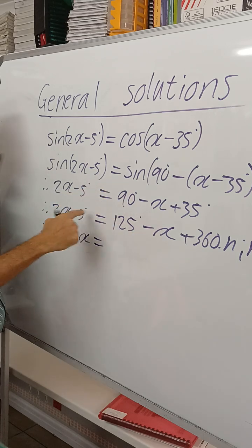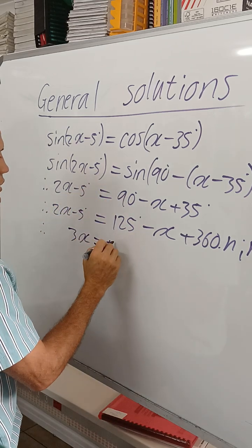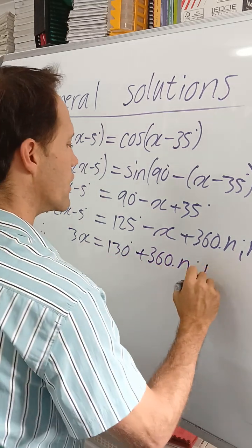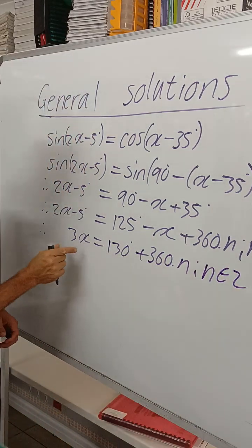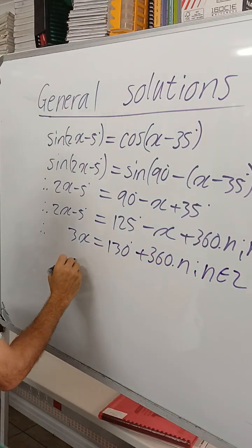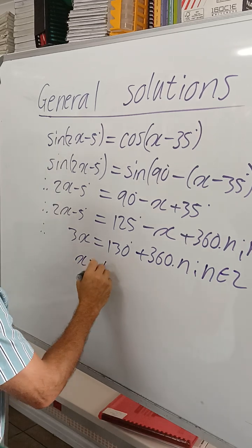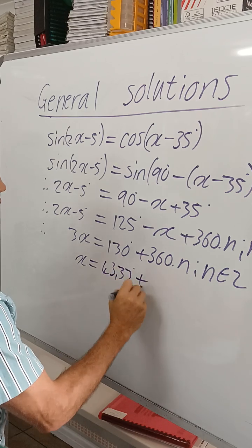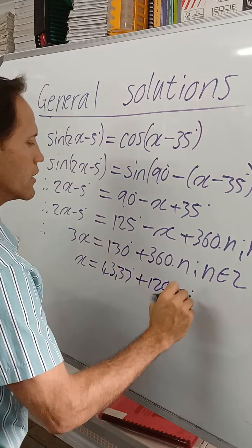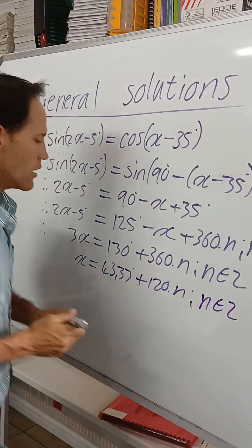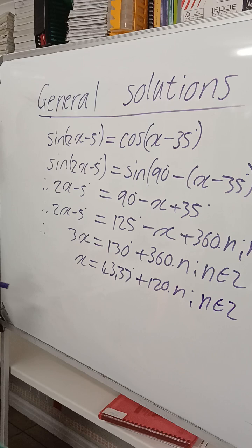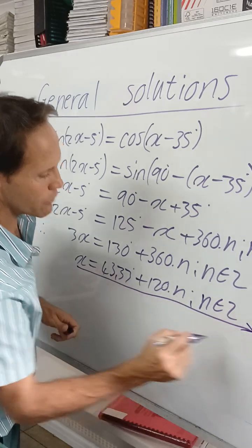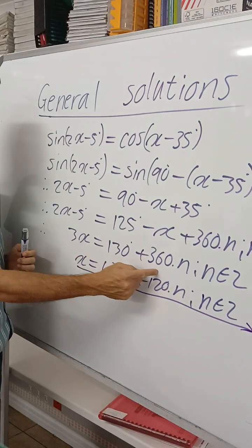And if I take the negative 5 over, it's plus 5, so it's going to be 3x equal to 130 plus 360 times n, n an element of Z. Then we divide everything by 3, so we're going to get x equal to 43,33 plus 120 times n, n an element of Z. So there's my one option, this is my one answer: x is equal to 43,33 plus 120 times n. I just divide by 3 everywhere in the end.